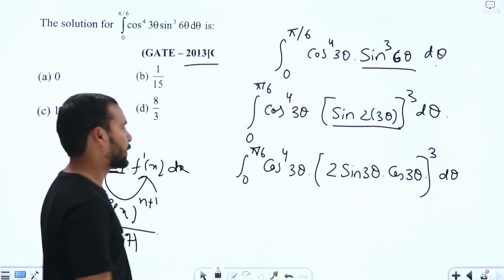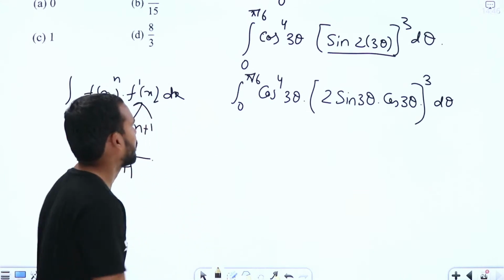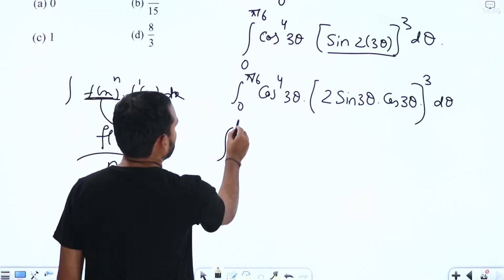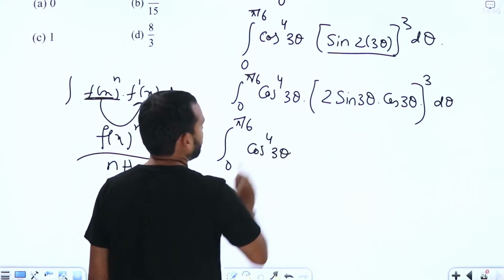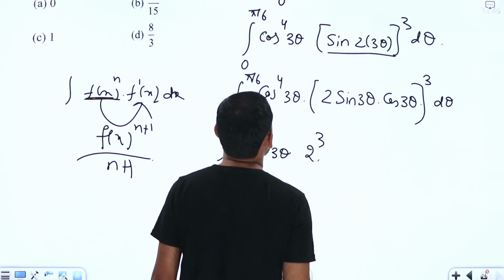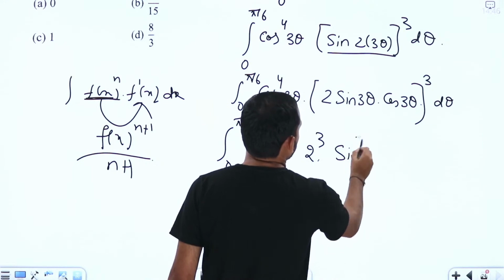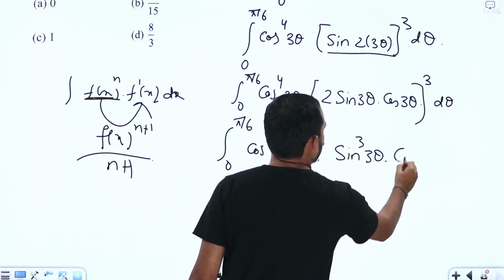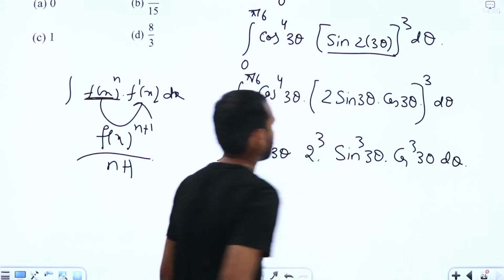Yeah, that is what we have written. Now try to simplify this one, what we are going to get, this is integral 0 to pi by 6, cos power 4 3 theta, and this one is going to be 2 cube here, similarly sine cube 3 theta into cos cube 3 theta d theta.